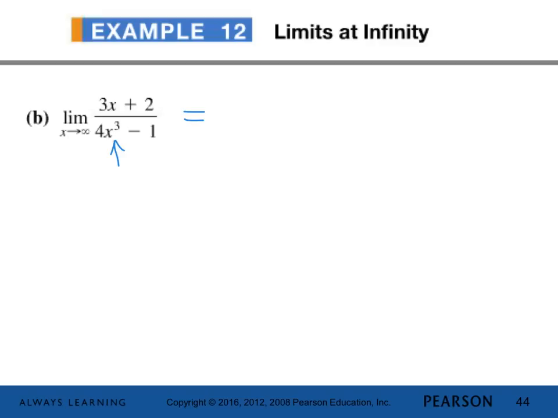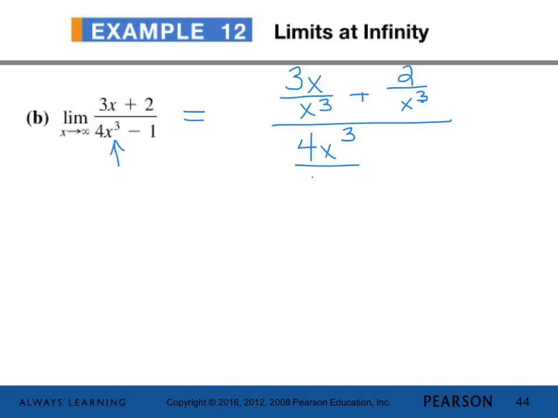So that's going to be 3x over x cubed plus 2 over x cubed, divided by 4x cubed over x cubed minus 1 over x cubed.